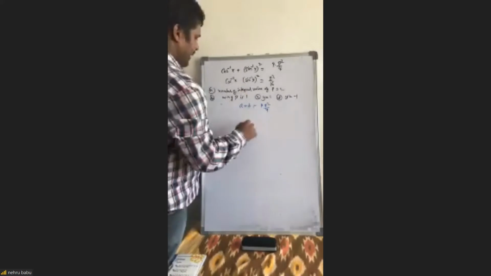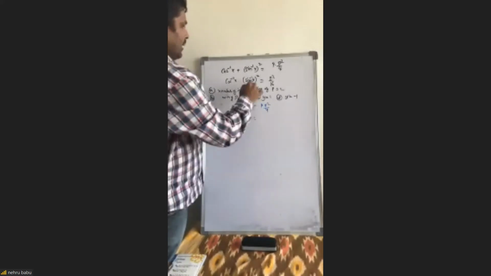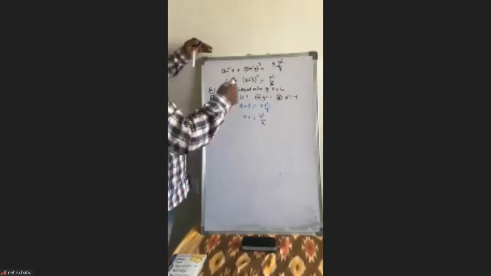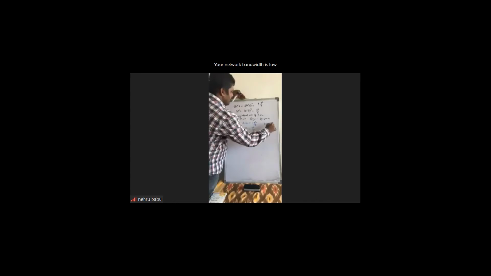And a into b value is pi square by 6. No doubt here b belongs to 0 to pi square by 4 and a belongs to 0 to pi. These are only numbers. Let's solve this equation.